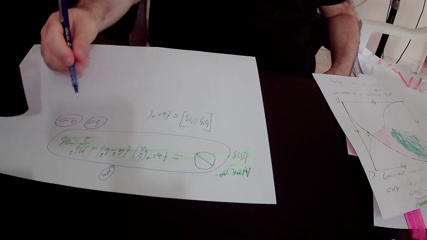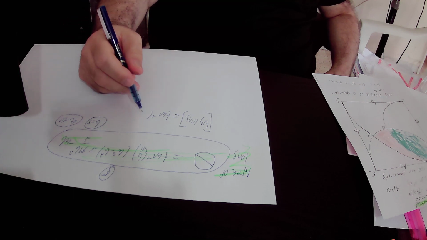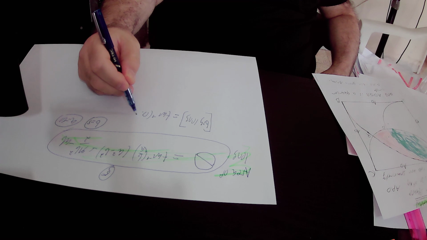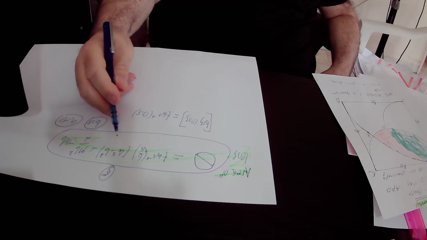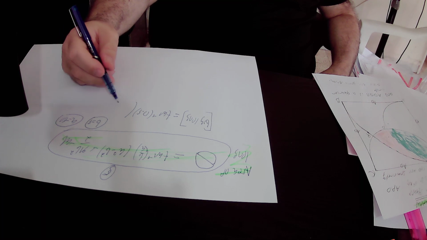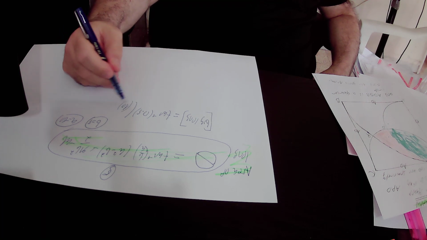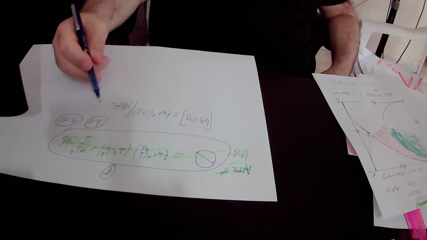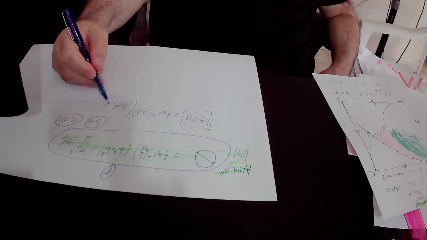B is 5, a is 10, so 5 over 10 is 1 half, 1 half is 0.5, times a squared minus b squared. A is 10, so a squared is 10 squared, minus b squared. B is 5, so b squared is 5 squared.